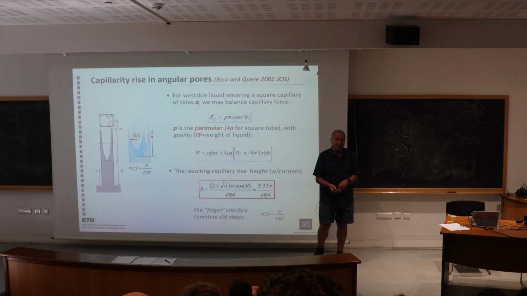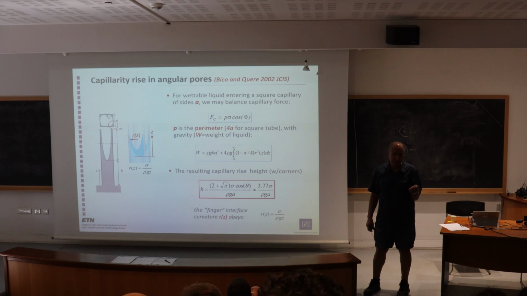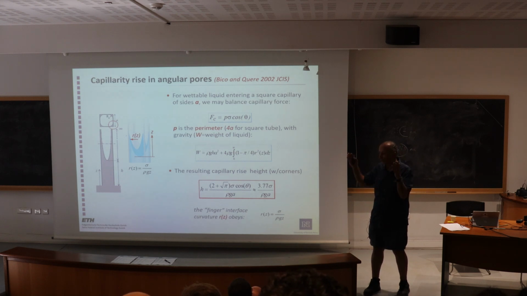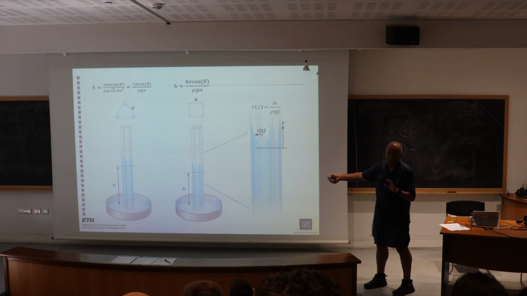For all practical purposes, if you know the perimeter and the contact angle and the surface tension, of course you can calculate how much mass of water this capillary force can hold, and the rest is just geometry. In this case, if you use 4 times sigma cosine theta, you'll be very close to the experimental results.